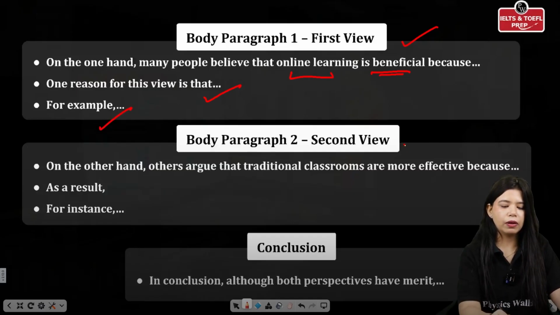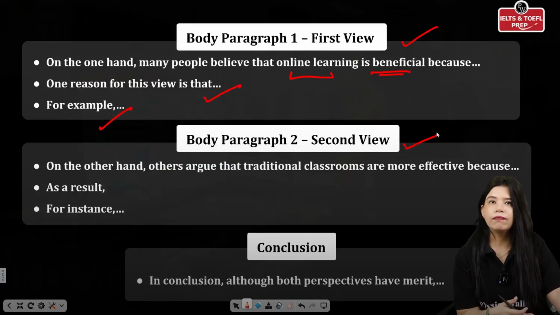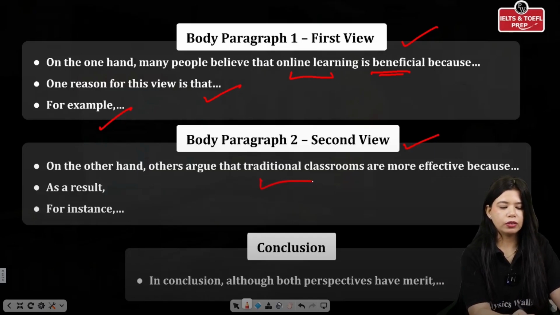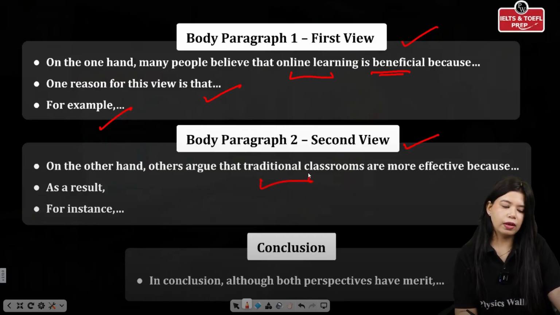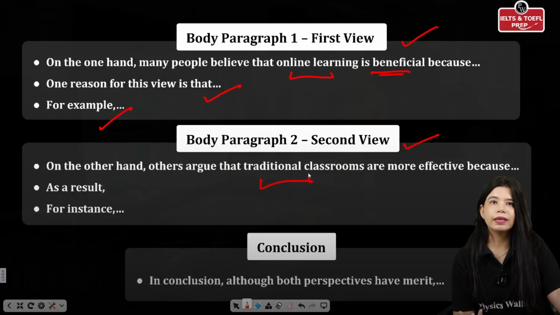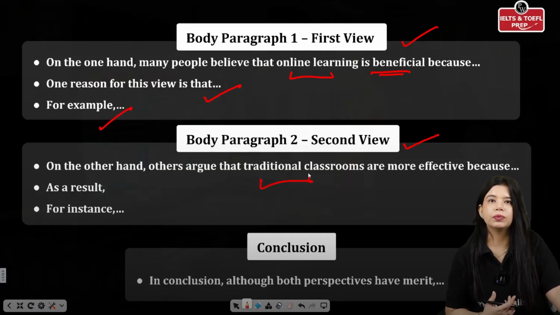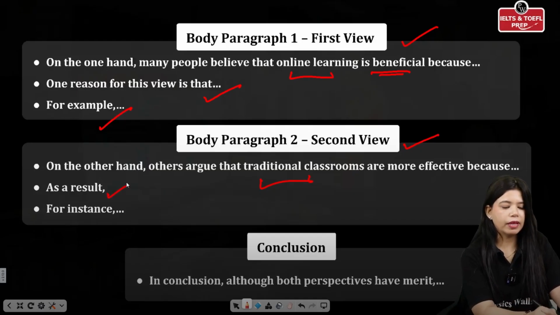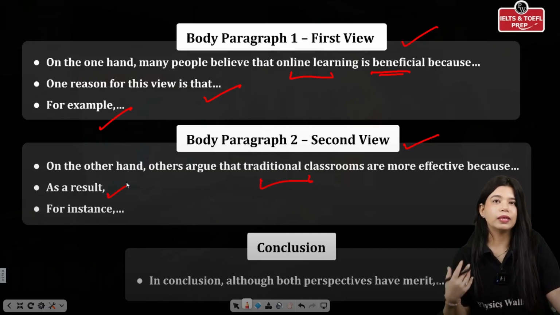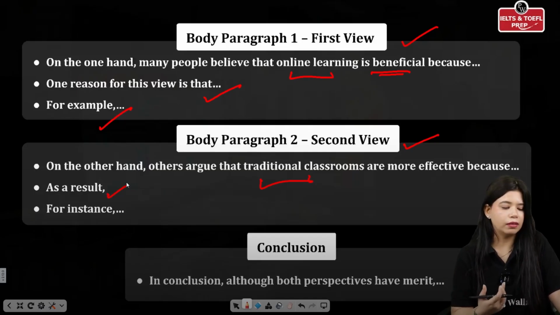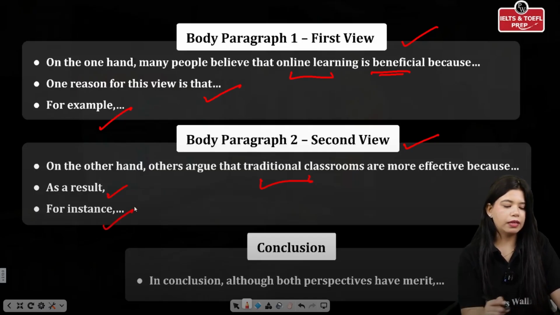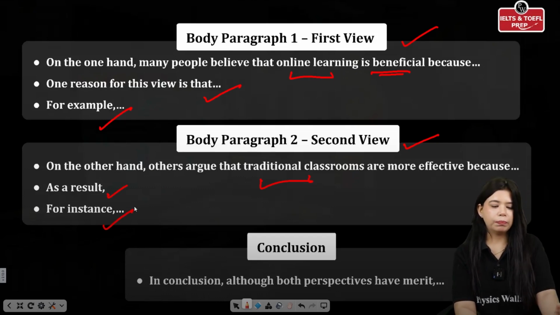In body paragraph 2, take the second view given in the question, which is traditional classrooms, and once again give a proper reason that why some people still believe that traditional classrooms are a better scenario, and explain that reason using result or other scenarios, and then give a relevant example.